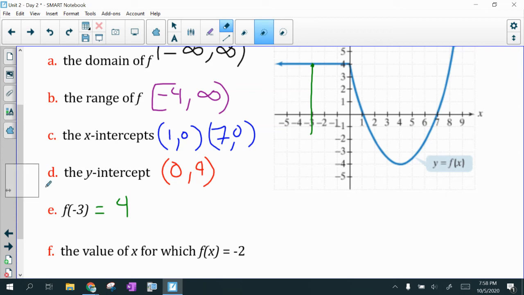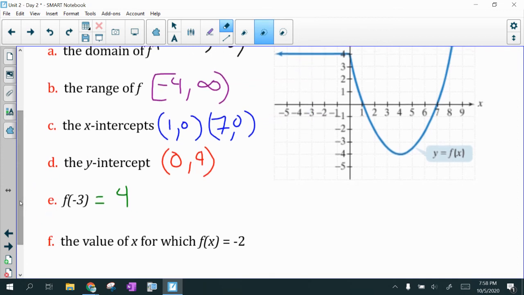The last question is a little bit of a backwards version of function notation, so please make sure that you interpret it correctly. The value of x for which f of x is -2. So what it's saying is, for what x values am I going to have a y-coordinate of -2?